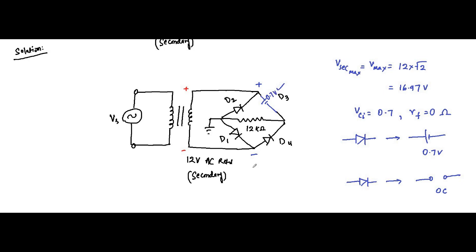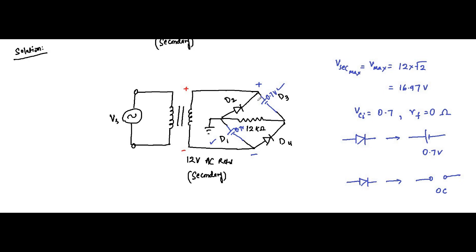0.7 volt. Similarly, minus is connected to the N end of D1, plus is connected to the P end of D1, so D1 will also conduct. Again, we'll replace it with its cut-in voltage, like this, 0.7 volt.